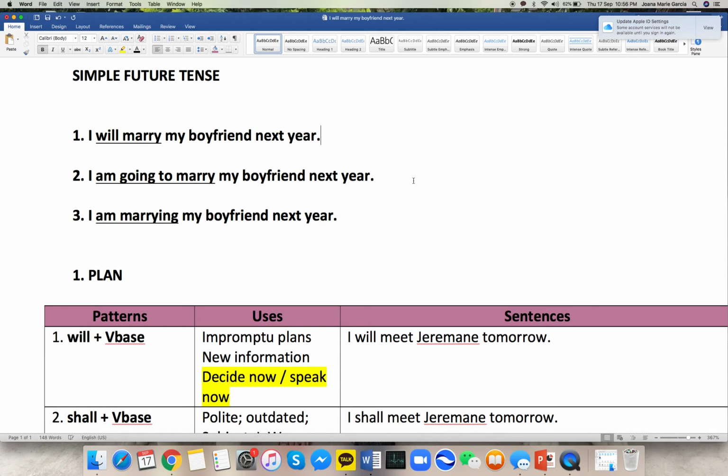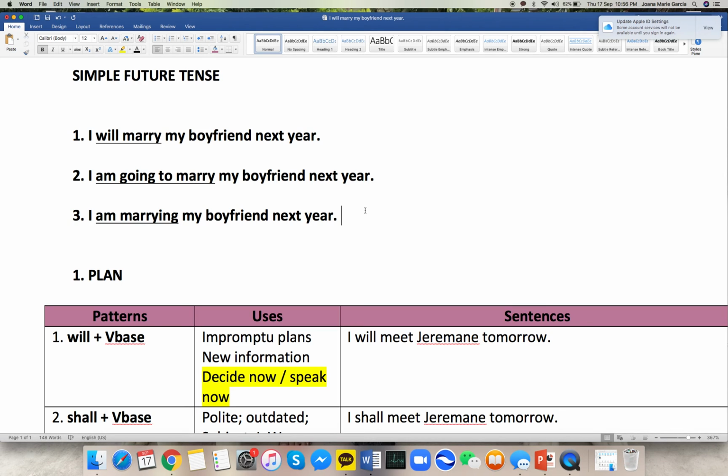But if I say I'm going to marry my boyfriend next year, if someone asks me and this is my answer, I decided about it before. So I planned. But the problem is I planned on my own. My boyfriend doesn't know yet. I made a plan that I'm going to marry him next year, but he doesn't know yet.